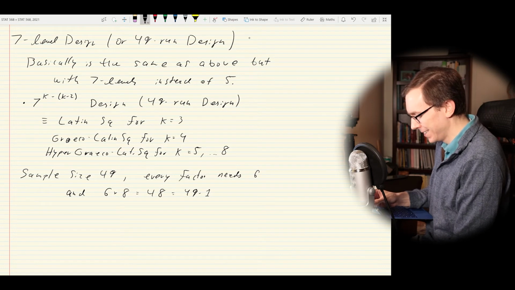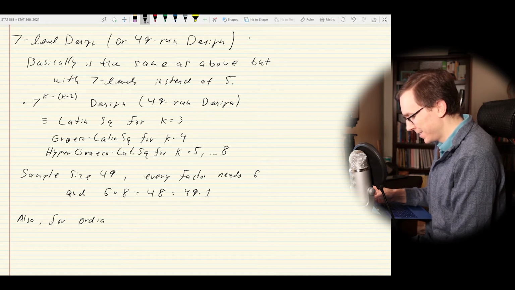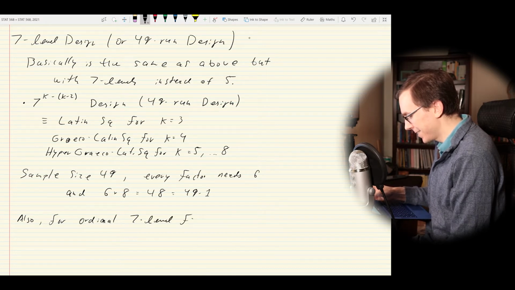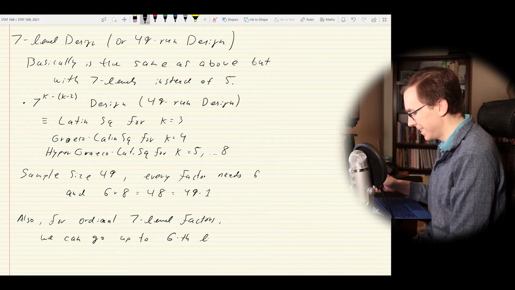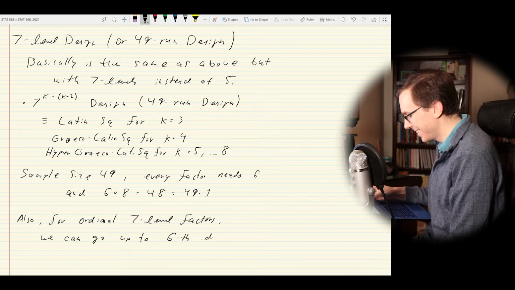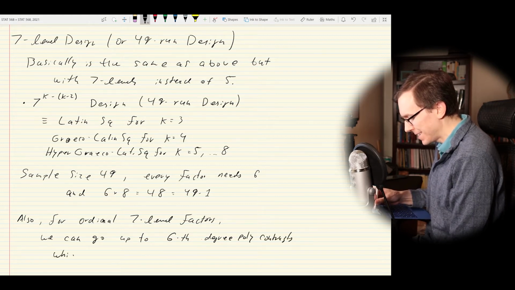I guess I can also say, for ordinal 7 level factors, we can go up to 6th level, or 6th degree polynomial contrasts, which you'll probably never see be significant.